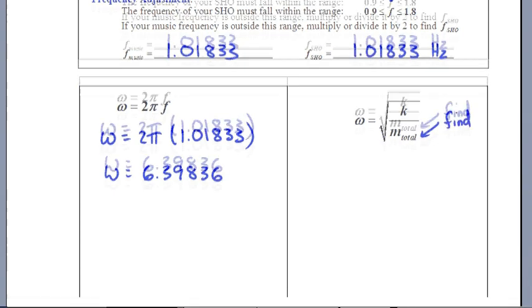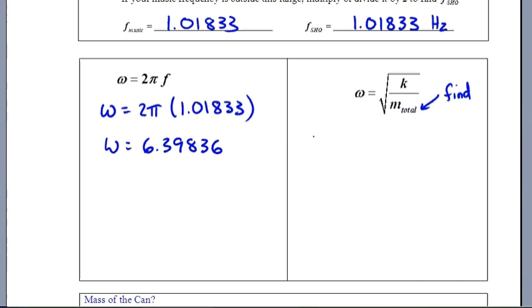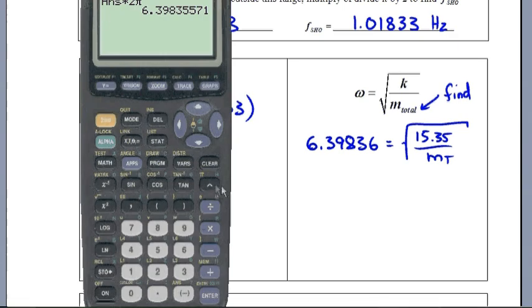And now we're going to see if we can find what would be the right mass. So 6.39836-ish is the square root of 15.35 divided by the total mass. Going to square both sides, get rid of that root. 40.9389.